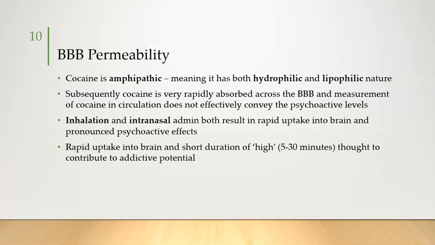So you're more likely to take more drugs to get that high, and you're having to take the drug more often, and that's what can contribute to the addictiveness of the drug, because you're kind of just always taking the drug in order to get there. It's not like other drugs where their high will last a lot longer. So you're kind of always in that need for the drug.